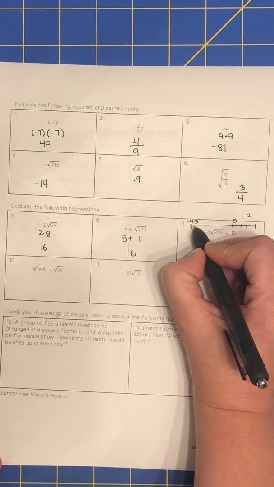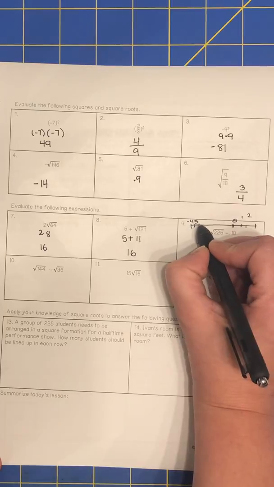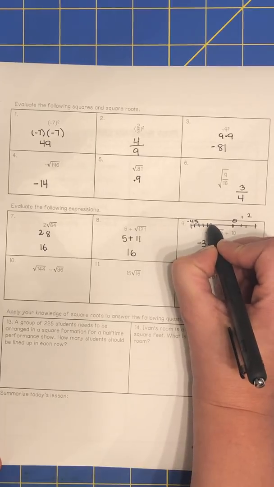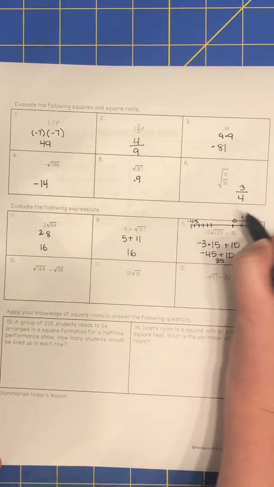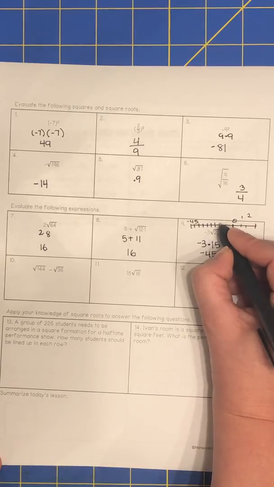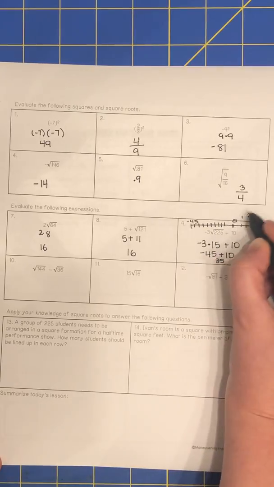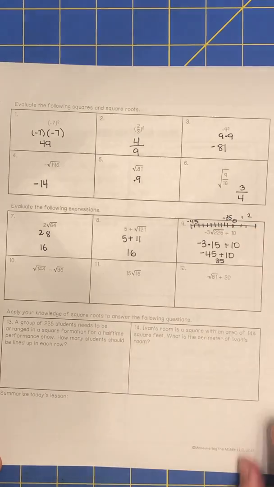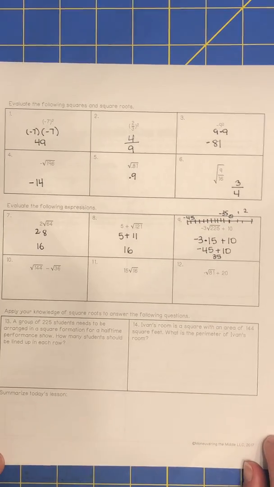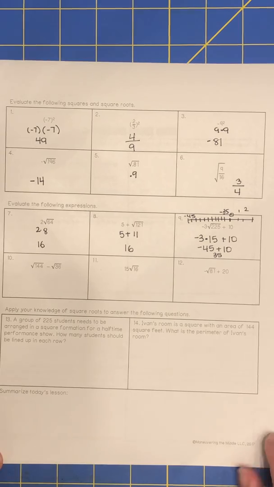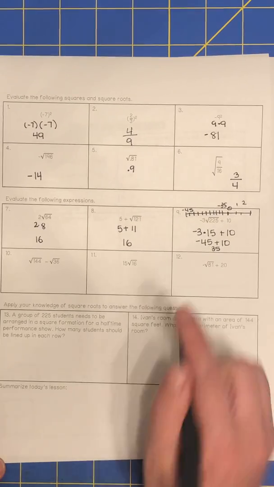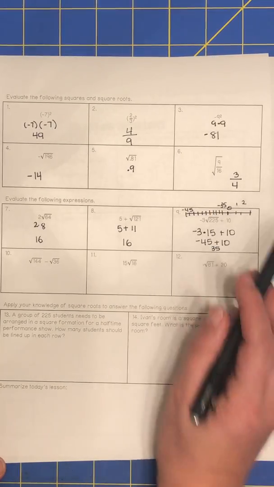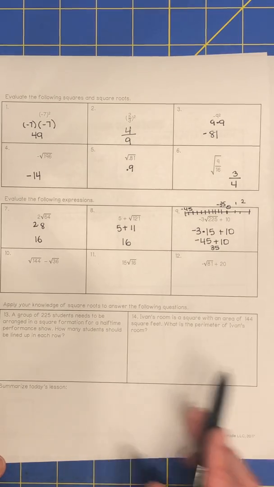So if I go back 10 from 45, I have 44, 43, 42, 41, 40, 39, 38, 37, 36, 35. That gives me 10. So I'm still in the negative. I'm just 10 closer to 0. So it's not a positive number. It still is a negative because I've not gone back to the 0 point yet. I haven't made it there.